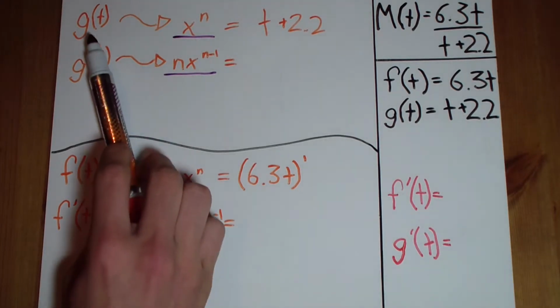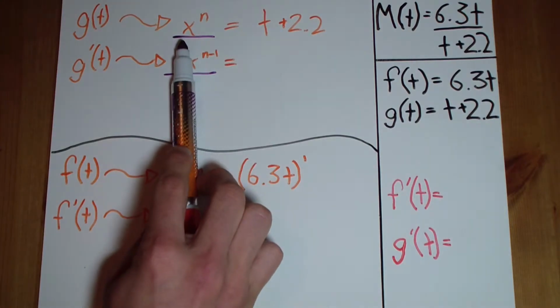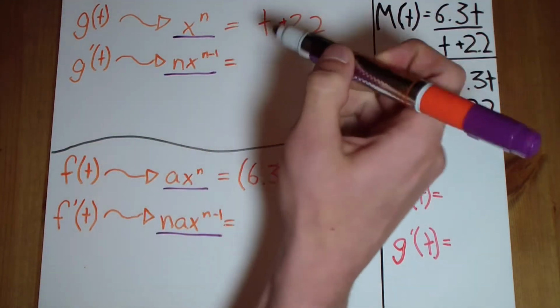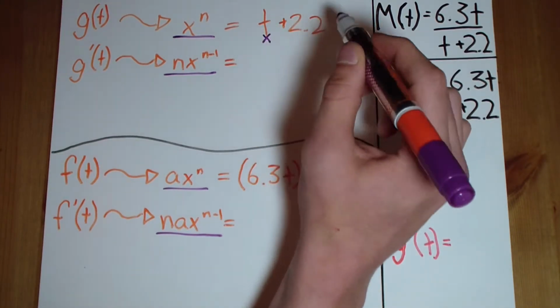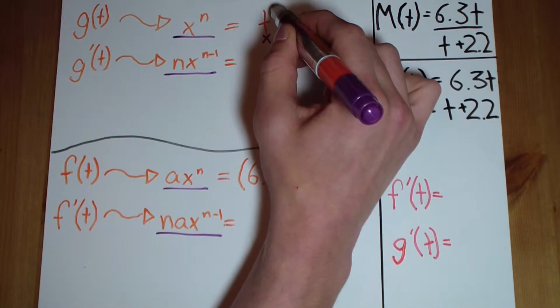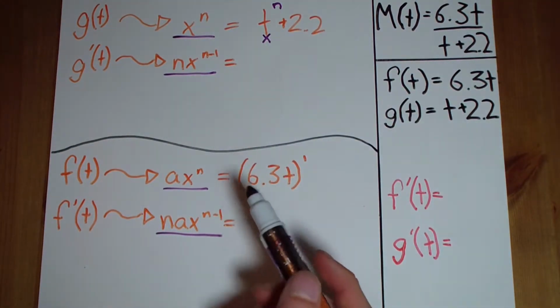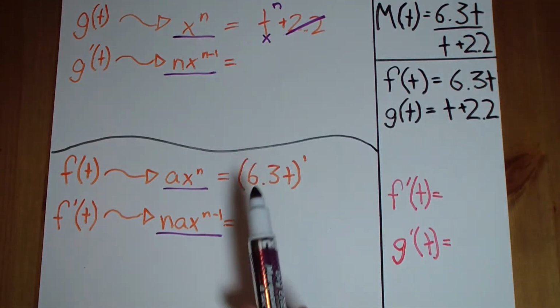If we know the general form of g is x to the power of n, with x being the variable and n being the exponent, in this question, our x value is t and our n value is the exponent 1. The constant multiple rule tells us that any constant multiple does not get factored into the derivative.